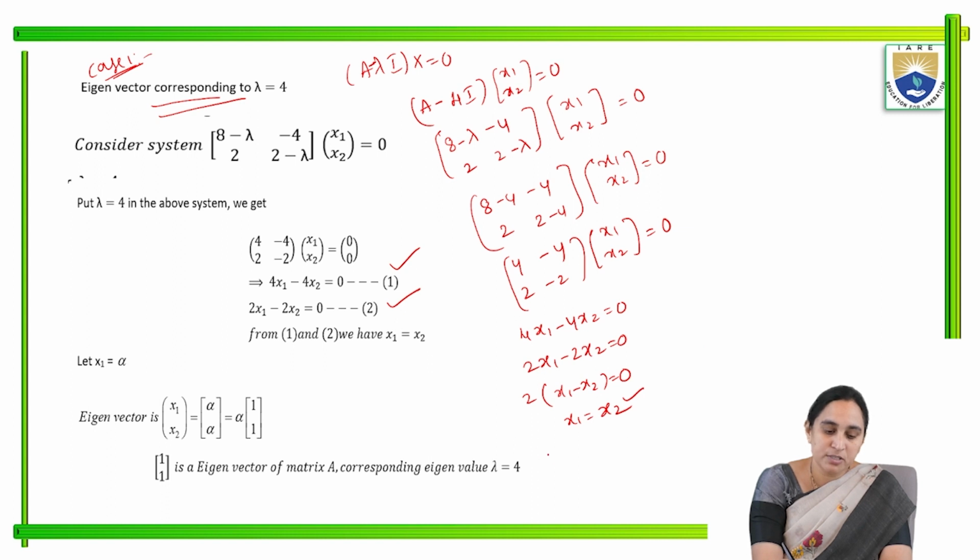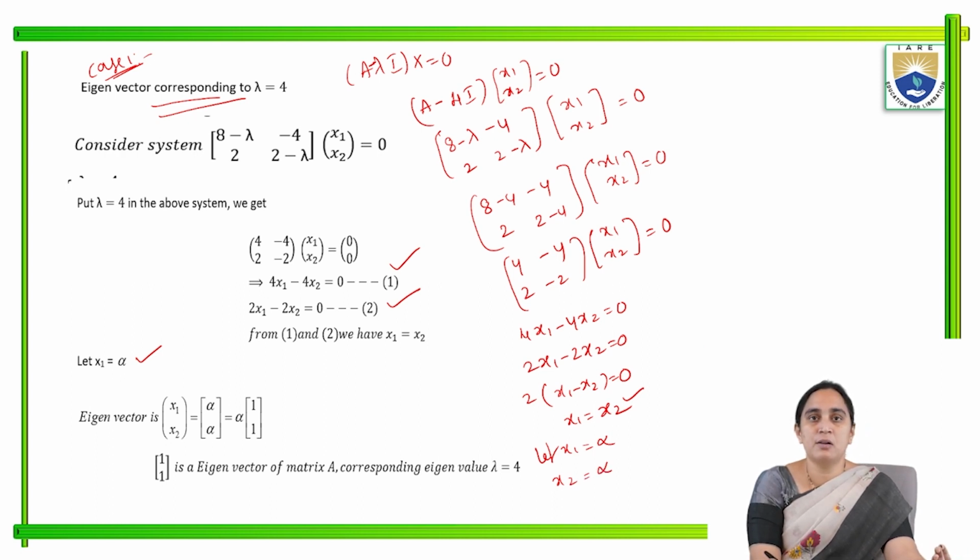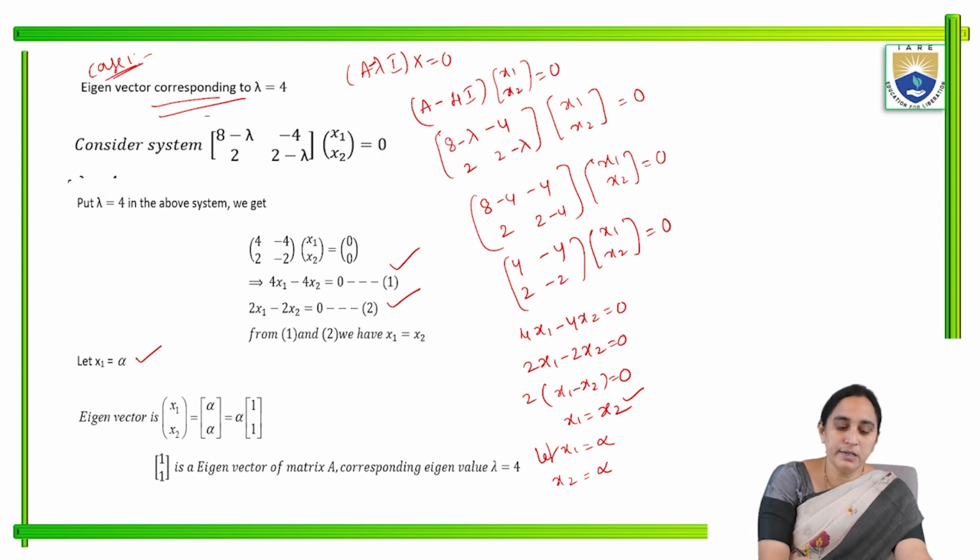Let x1 is equal to alpha. Then substituting in the above, x2 is equal to alpha. Therefore x1 and x2 values are alpha and alpha. Write it in eigenvector form: x1, x2 with x1 value alpha and x2 equal to alpha.